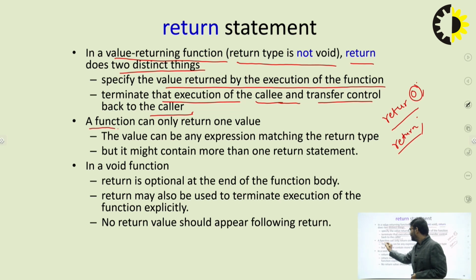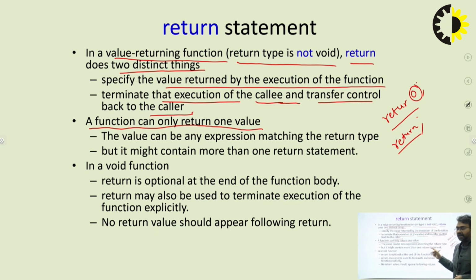Okay, next, a function can only return one value. As I have already said, a function can return any value, either integer type, float type, or character type. So the value can be any expression matching the return type. The return type should match the return type declared in the function header.